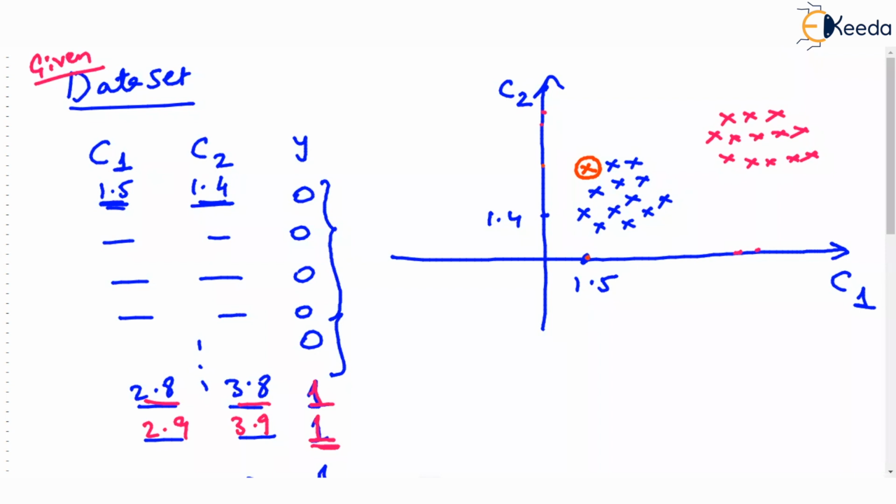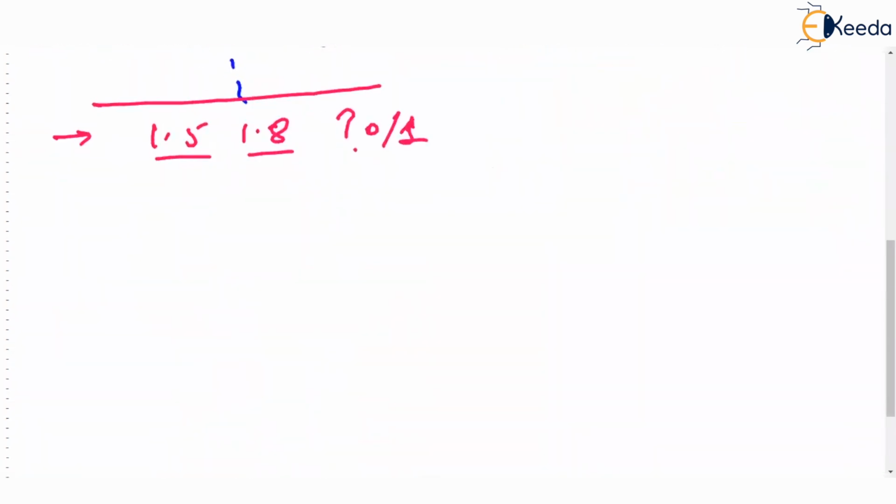You just check all these blue points; this query point comes in the vicinity of these blue points. So it's obvious you will say this point's class label should be 0. This is your prediction. But how did you make this prediction?